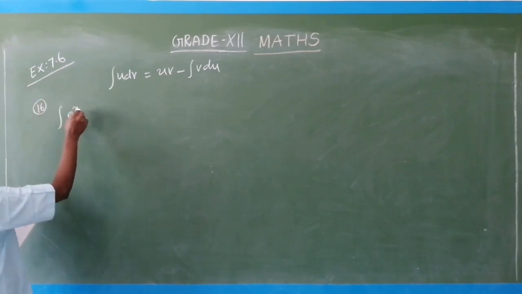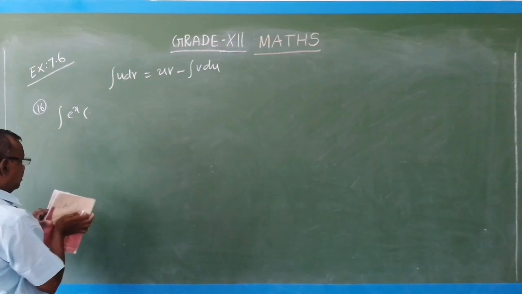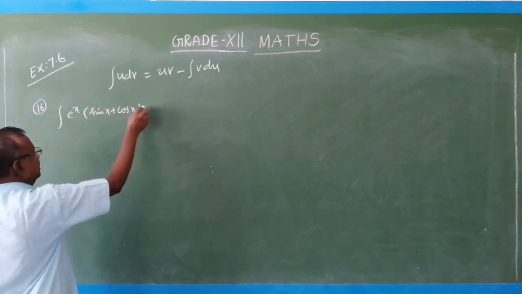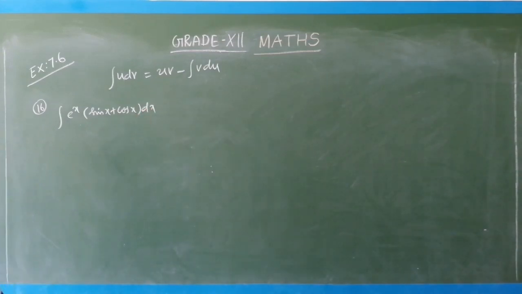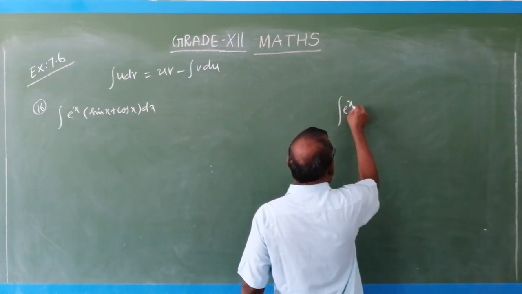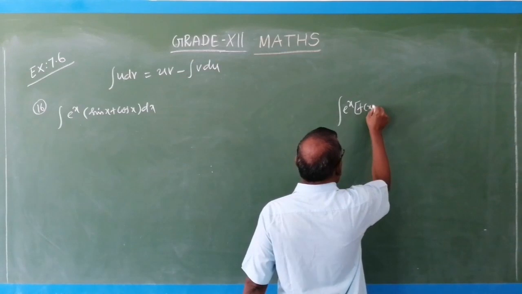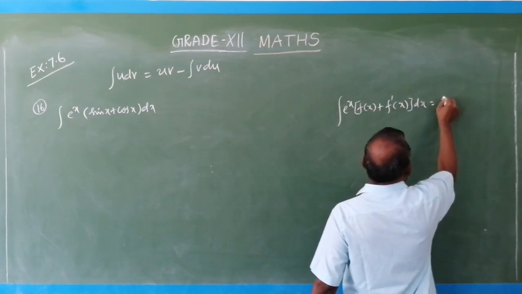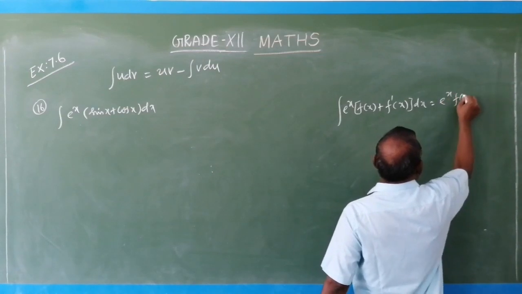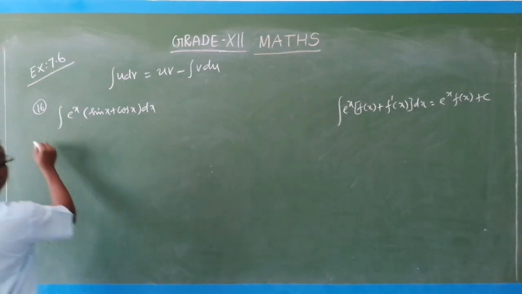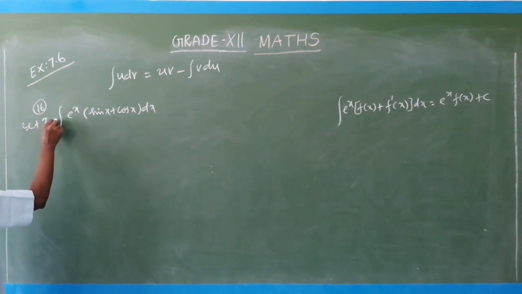Integral e power x into sin x plus cos x into dx. We know that there is a formula: integral e power x into f of x plus f dash of x into dx equal to e power x into f of x plus c. Let I equal to this.